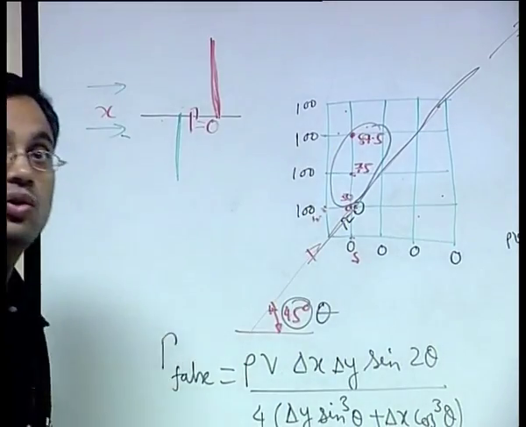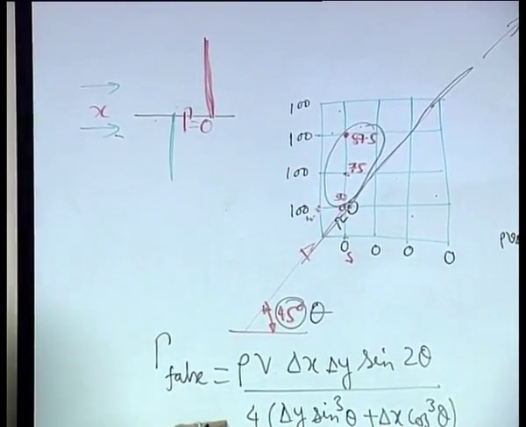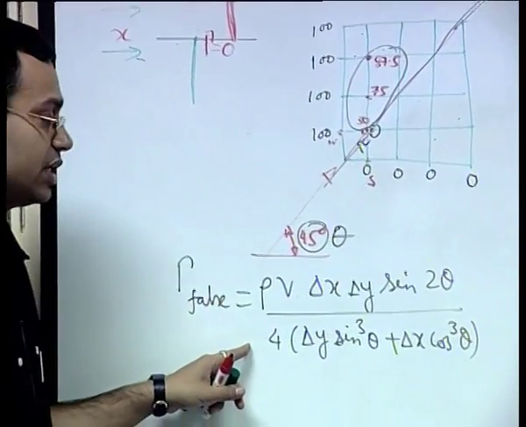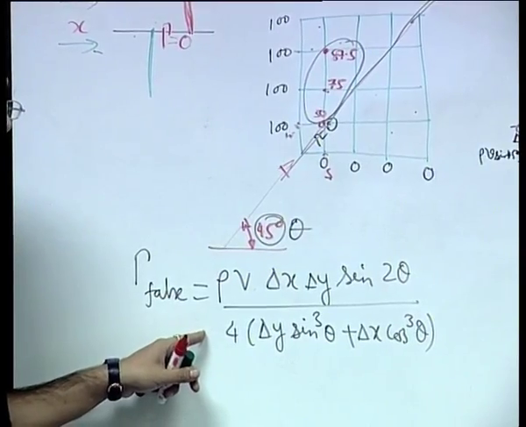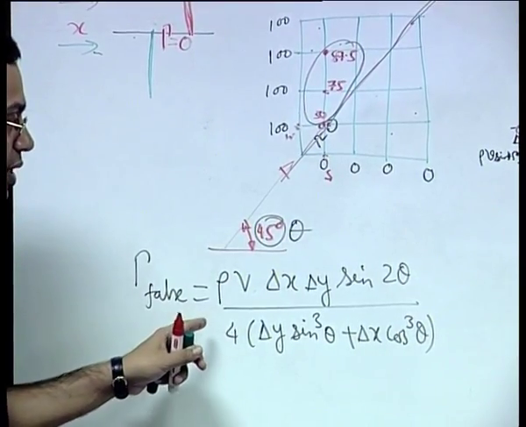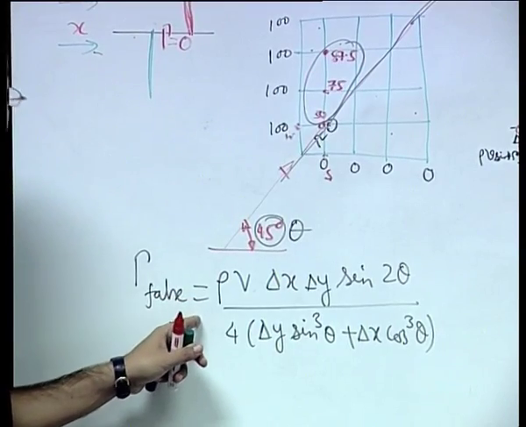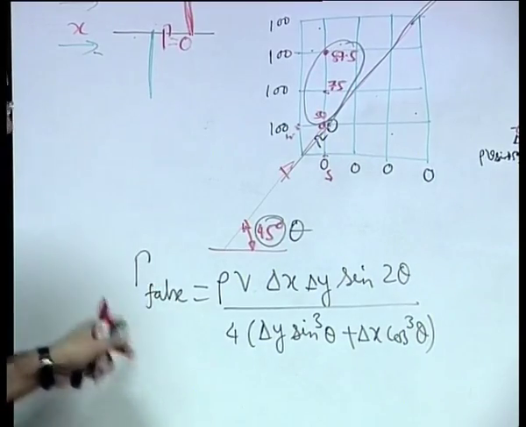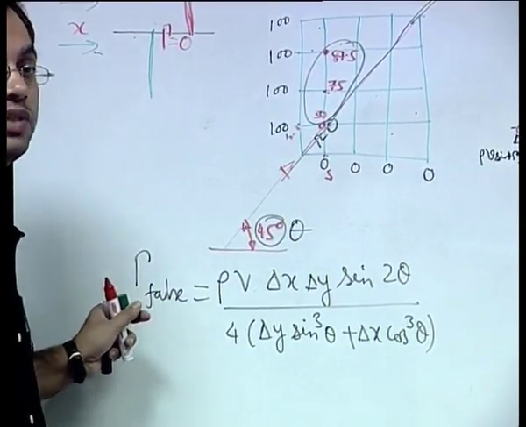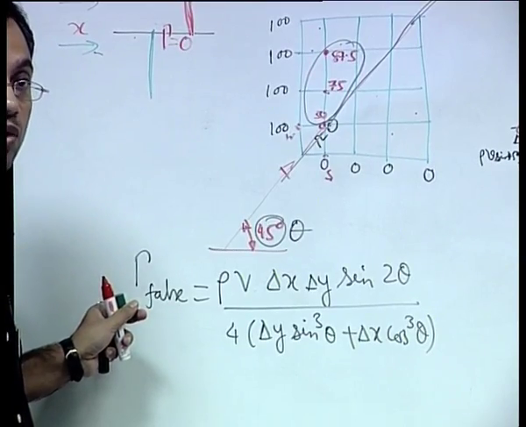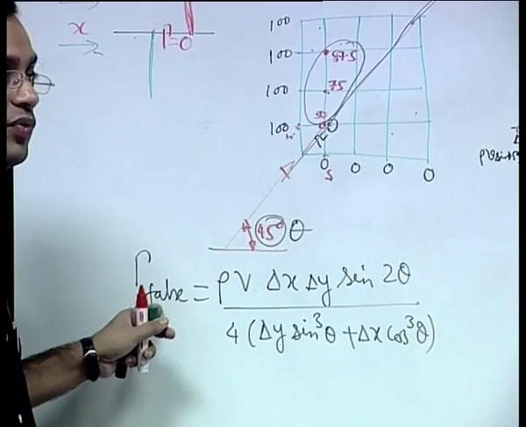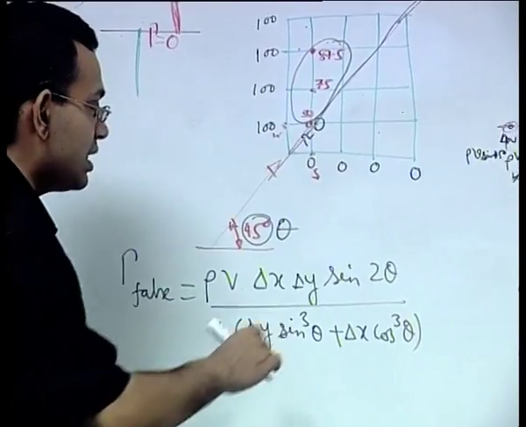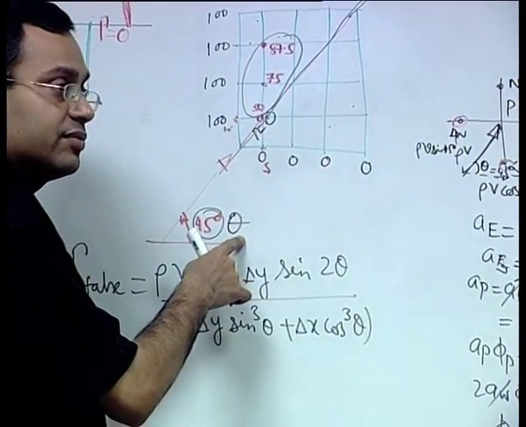It can be shown that you can have a corresponding expression for the false diffusion. Our objective here is not to prove it, but to see what we can get from this expression. This is an expression for a false diffusion coefficient, gamma is a diffusion coefficient. This is not a real diffusion coefficient but a numerical artifact, and we can see that it is a function of this angle theta.